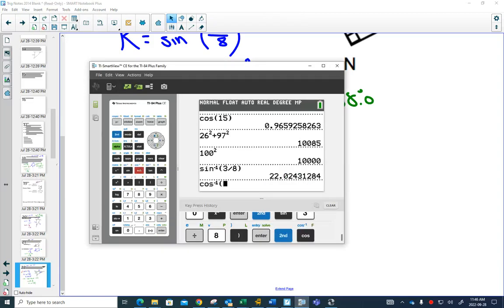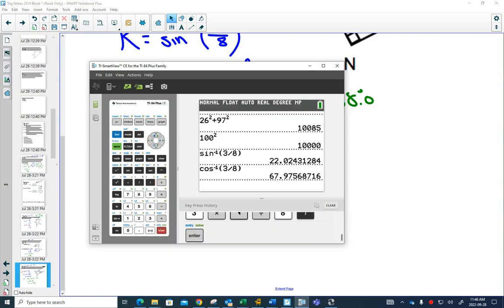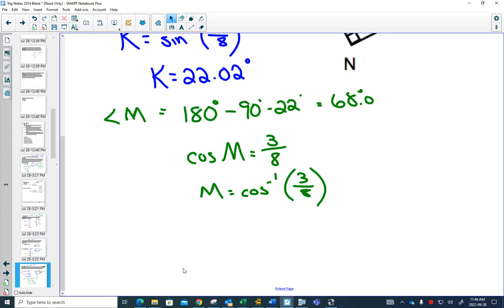Cos inverse of 3 divided by 8, 67.97. Rounded to the nearest tenth would change that 9 to a 0 and that to a 1. 68.0 degrees.